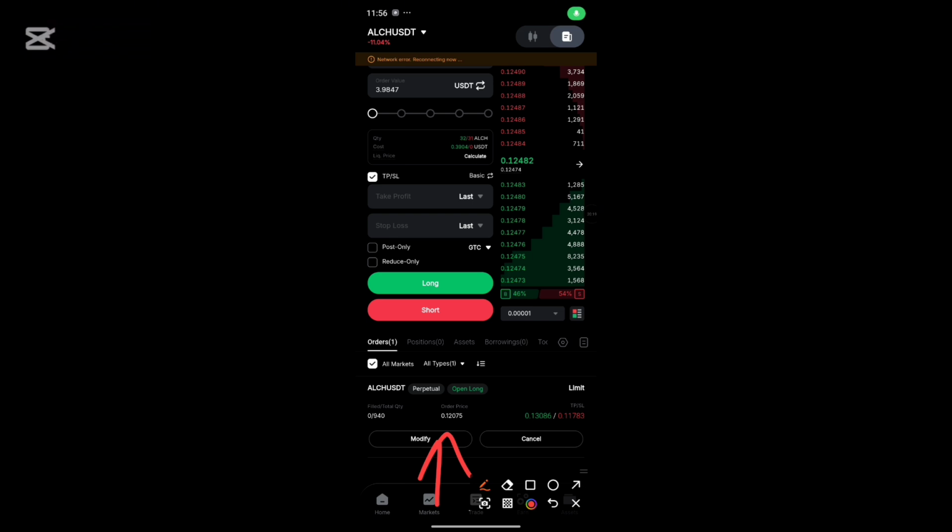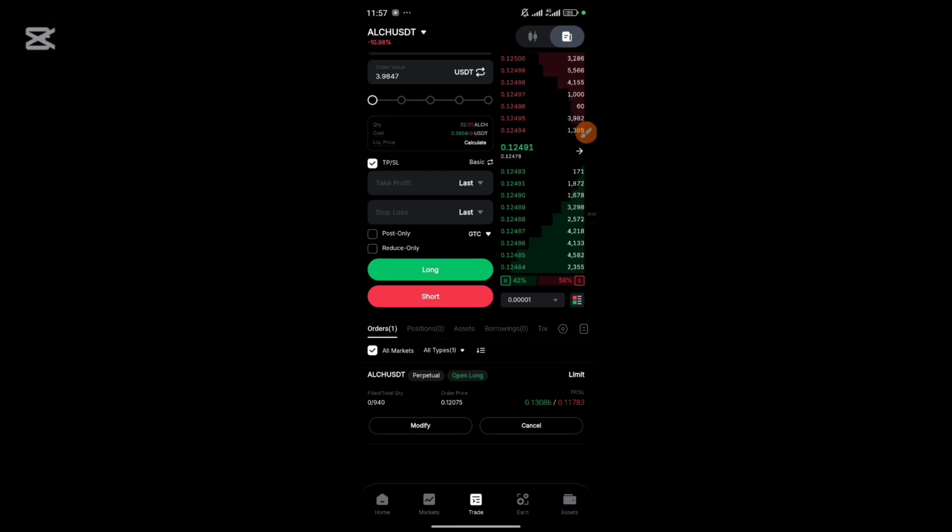You can move SL to break even. All right. Then also you can adjust your take profit. If your take profit margin is too much, you want to bring it down to something you know is achievable, you can adjust your take profit.